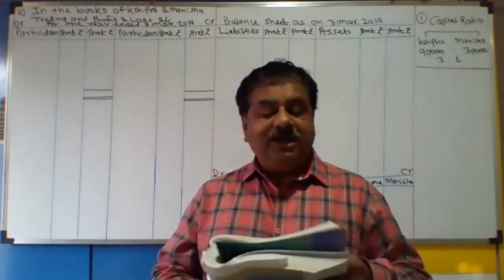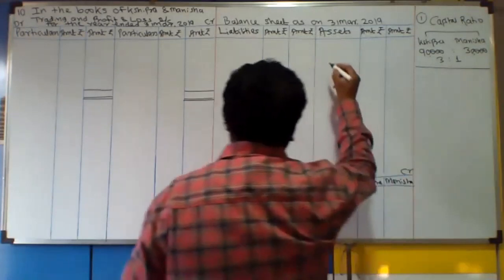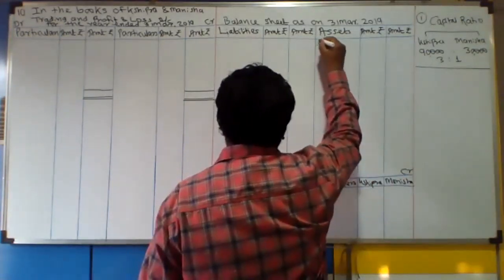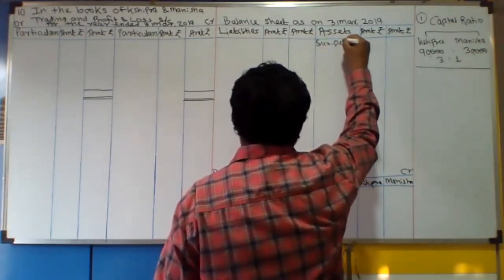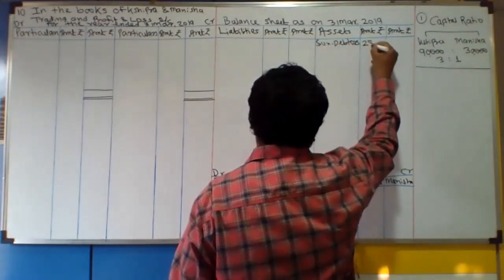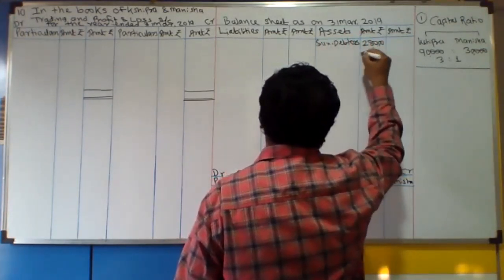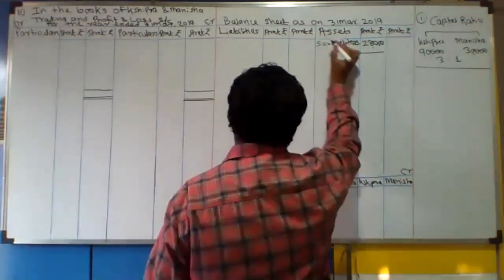So now let us begin with the solution. Sundry debtors are 28,000 to be recorded to balance sheet assets. Sundry debtors 28,000 rupees. Inner column, sundry debtors.